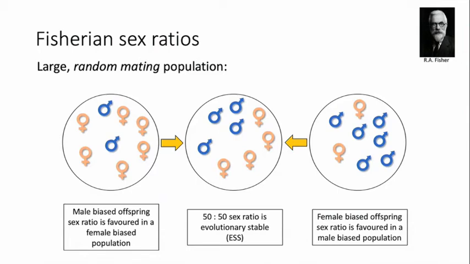The other way around, if you happen to lay eggs in a more male biased population, the best thing to do is to produce more females. And like that you get stabilizing selection for a 50-50 sex ratio. And that's what we see in a lot of animals.